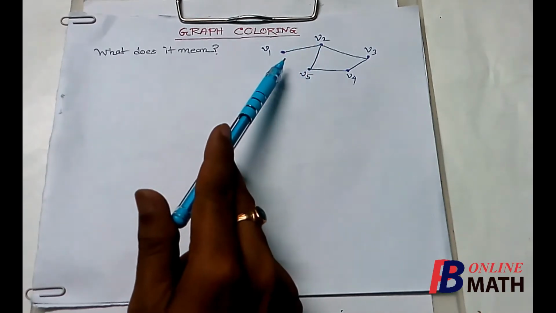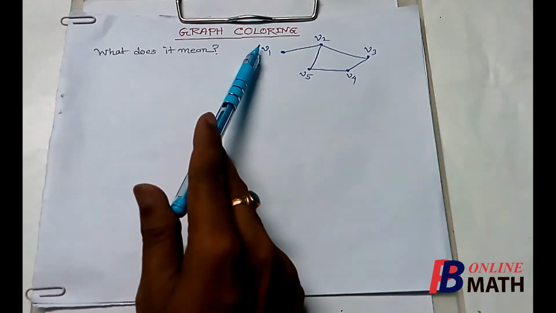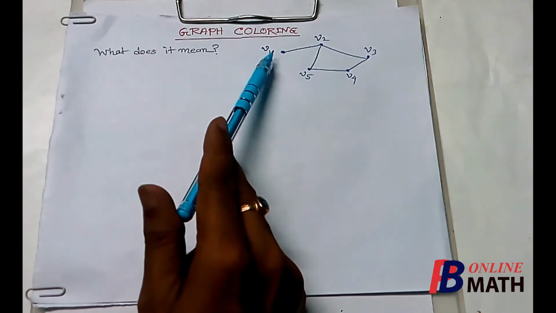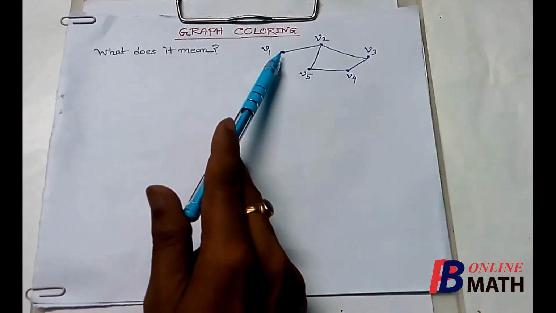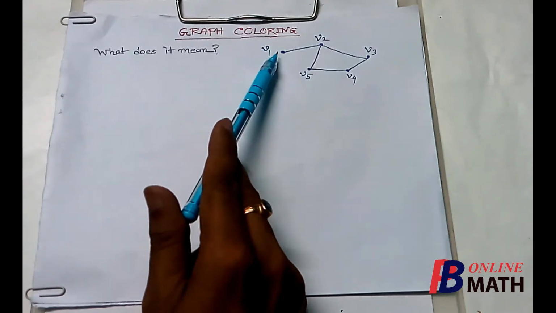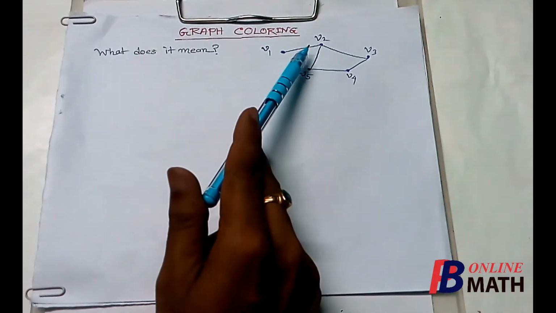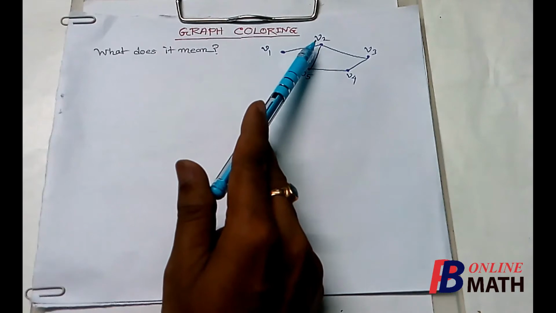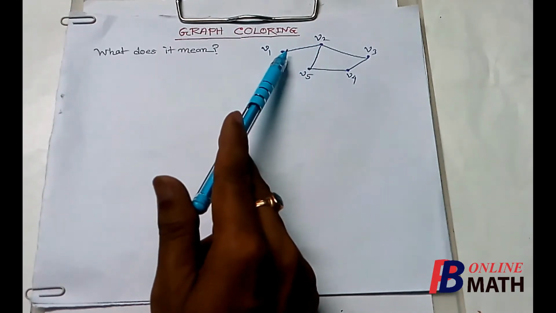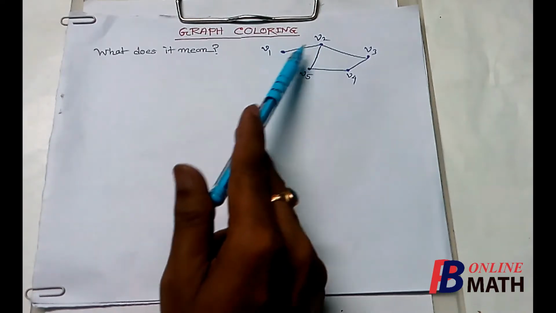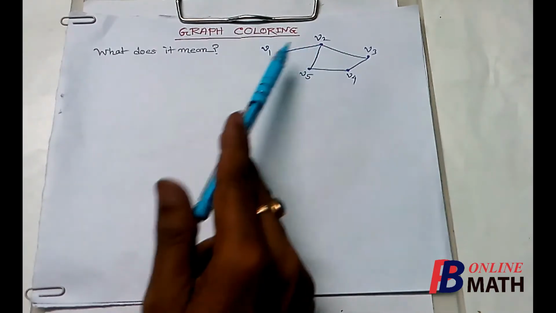If we want to color this vertex V1 by a color, call it C1, then we can't color the vertex V2 by the same color C1, because these two vertices are adjacent to each other, connected by this edge.